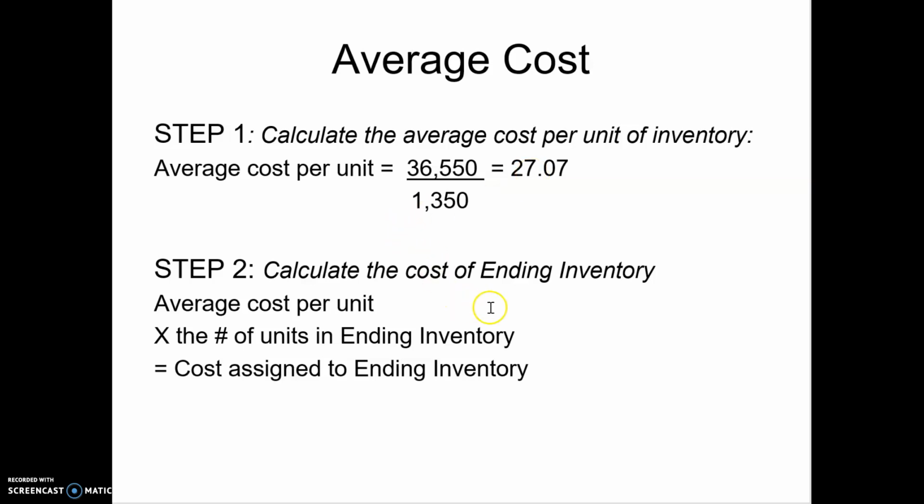So our cost of ending inventory, we're going to take the $27.07 and multiply that by the 350 cases we have left, and that will tell us the cost of our ending inventory is $9,475. So that's what we would be showing in our merchandise inventory account, and that would go on the balance sheet.